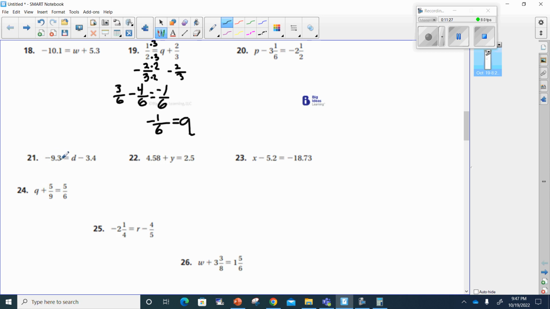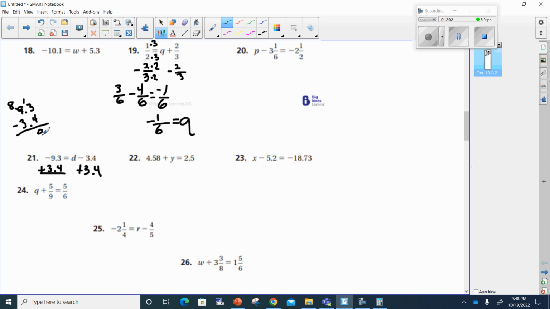Number 21, I've got negative 9.3 equals d minus 3.4. I'm going to have to add 3.4 to get rid of it. Whatever I add to one side, I add to the other. My signs are different, so I find the difference. I'm going to take the big number, 9.3, minus the small number, 3.4. This will give me, well, if I'm subtracting, I have to borrow one.